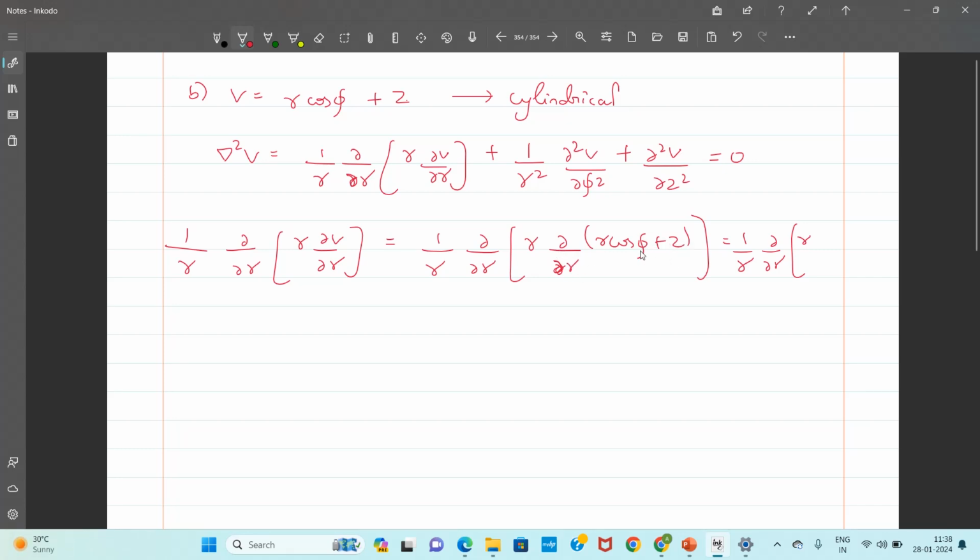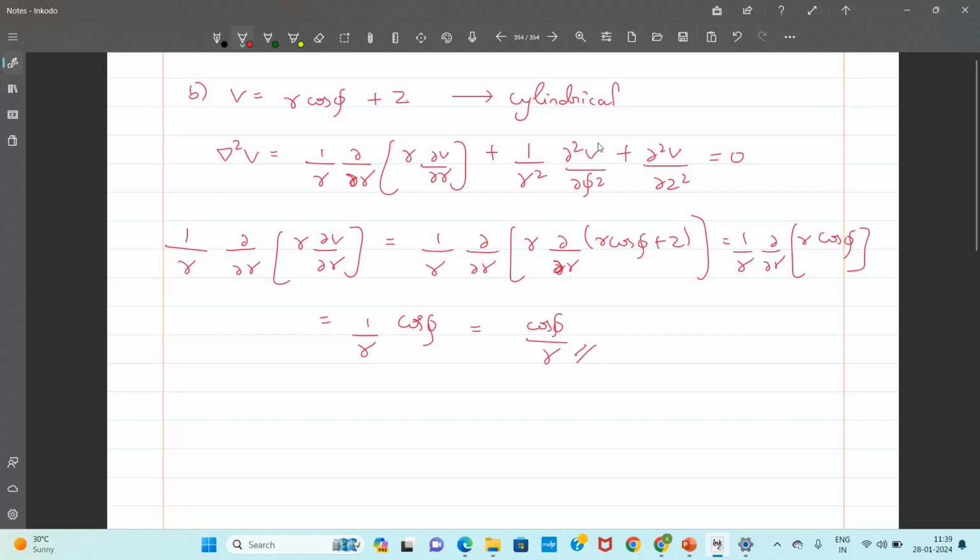So other terms will be kept constant. So differentiation of z with respect to r becomes 0. Whereas for the first term, differentiation of r cos phi with respect to r will give you the answer as cos phi. Now further, if I differentiate this with respect to r, again I am going to get cos phi as the result. So I got cos phi by r as my first answer. Okay. That is, this part is done.